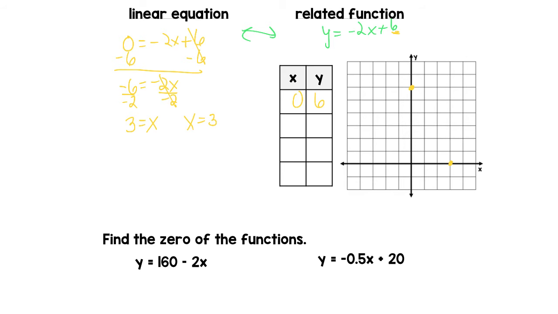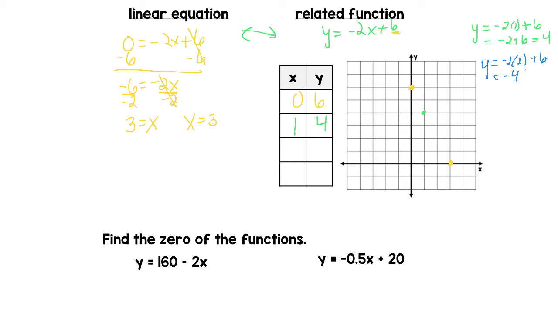I can plug in 1 for x, and I get y is negative 2 times 1 plus 6. Well, that's negative 2 plus 6, or 4. So when x is 1, y is 4. I can plug in 2 for x, and I get y equals negative 2 times 2 plus 6.